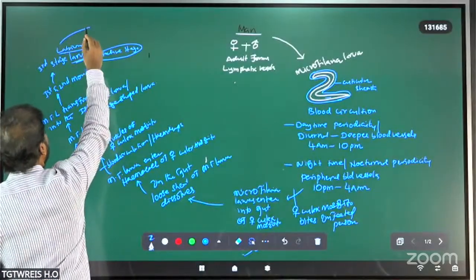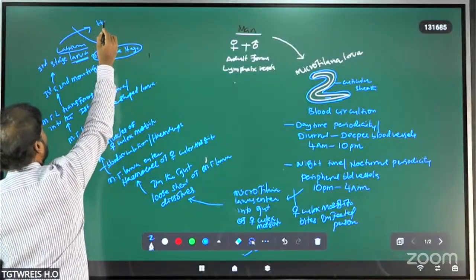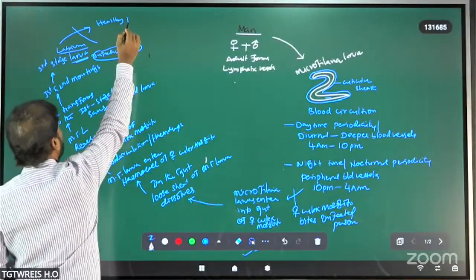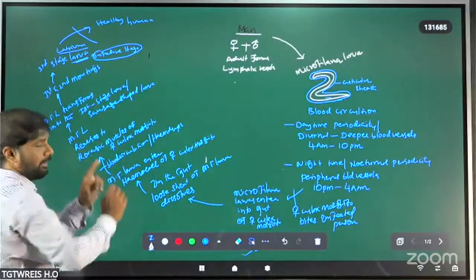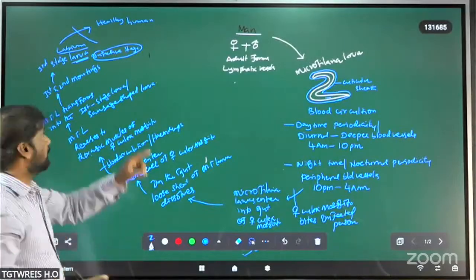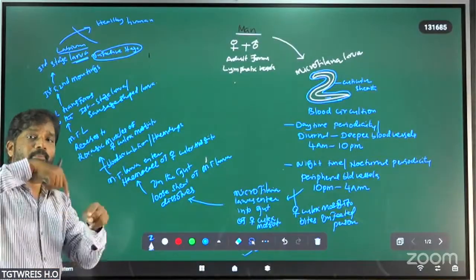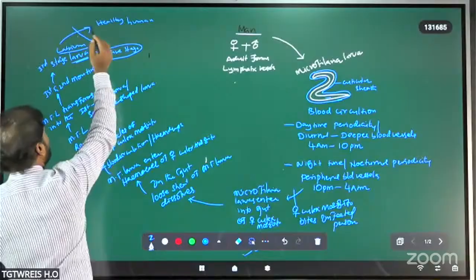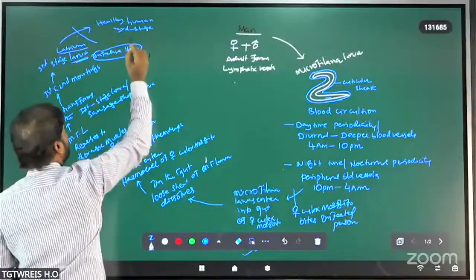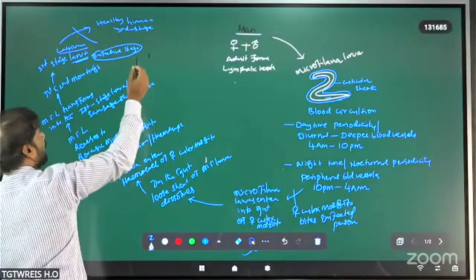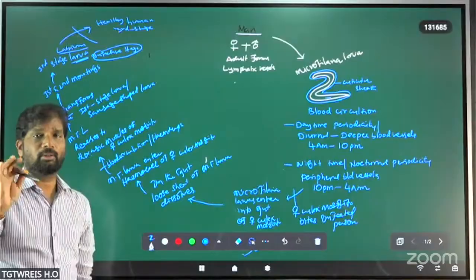When this infected female Culex mosquito bites a healthy person, the third stage larvae enter into the healthy human. That is why the third stage larva is known as the infective stage to human beings.